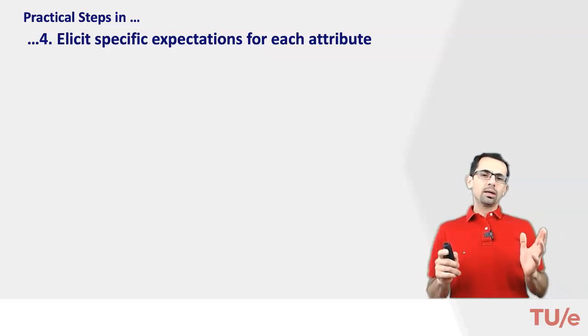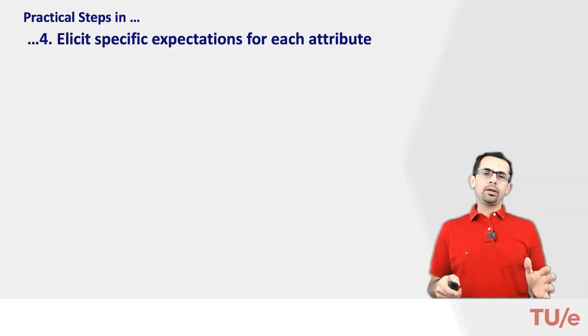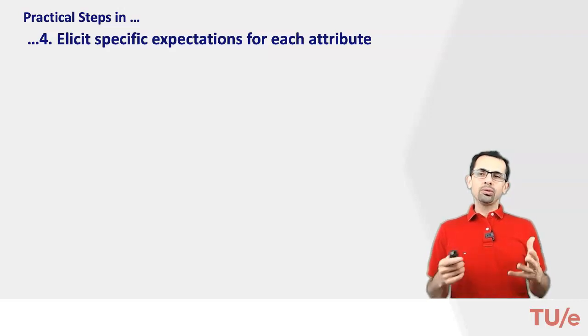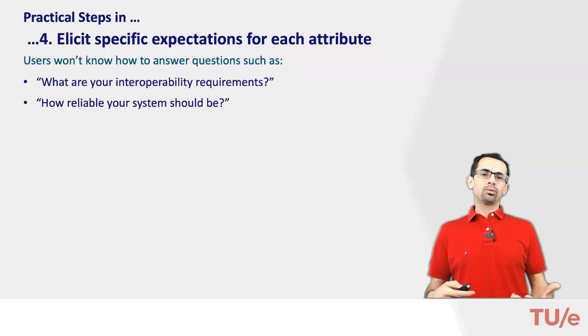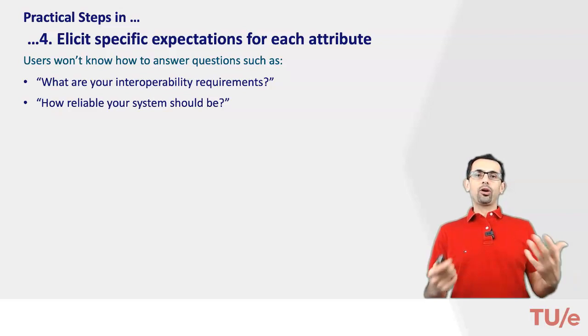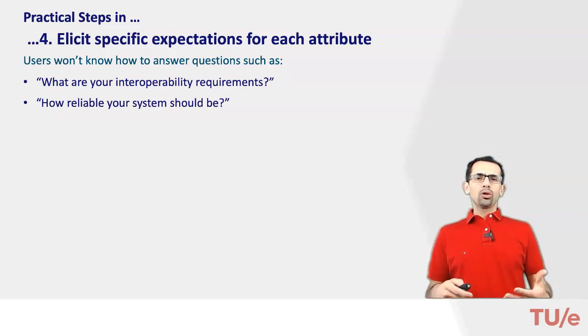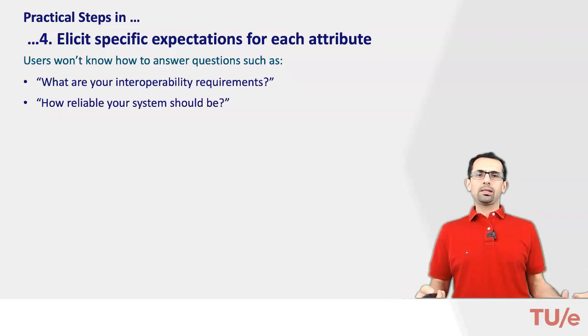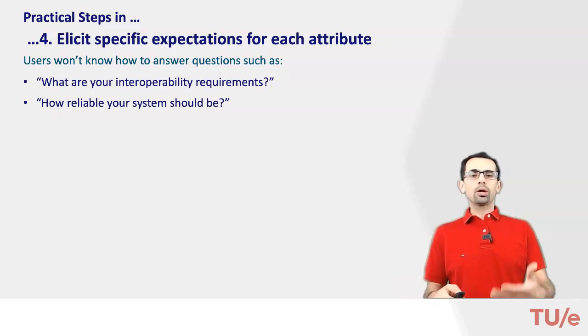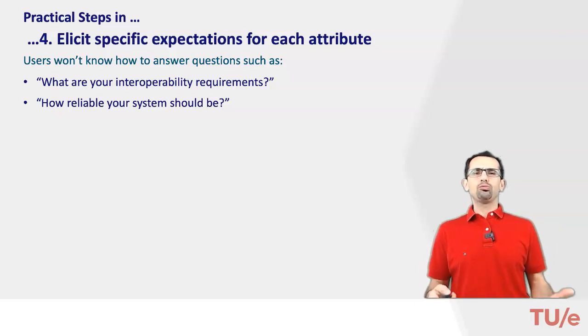But what is very, very important here is that users would not know very well how to answer the questions that would perhaps pop up first in your mind. Okay, so you can't basically go and ask any user or any stakeholder something like, what are your interoperability requirements? You can't. That would be quite stupid, in fact, or how reliable your system should be.